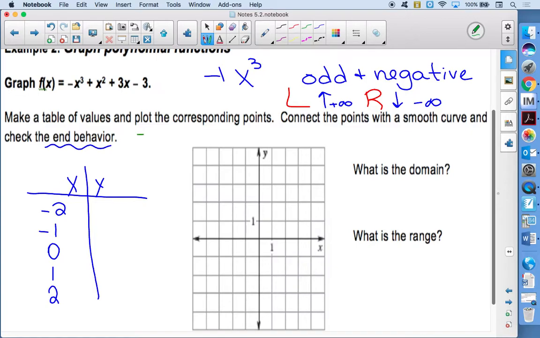It's really important when you're plugging numbers into the calculator that any value you're using for x goes into parentheses when you're dealing with squaring and cubing and taking things to the large powers. So it says -x cubed. Well, the negative is separate from the x. So the negative's outside. I'm plugging a -2 in it and I'm cubing it. And then we're plugging a -2 in and squaring it. And then taking 3 times -2 and then the -3.